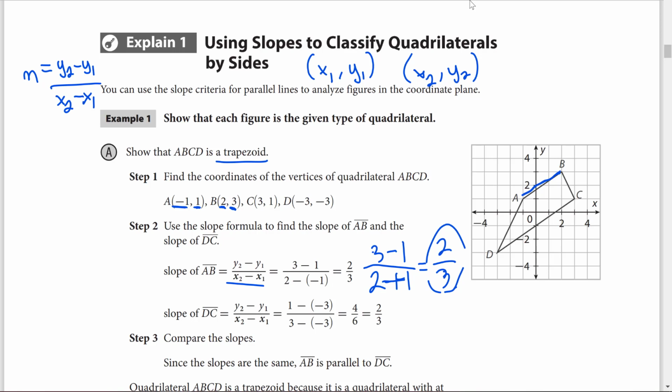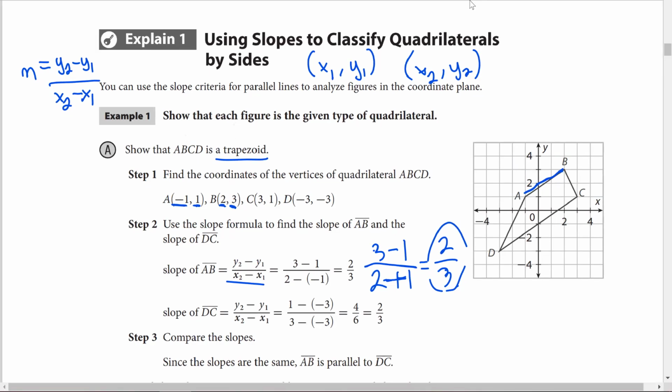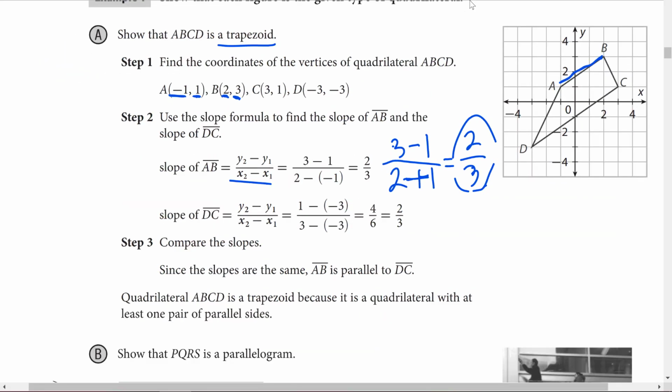Now they have us look at the line DC. Let's take a look. So we're going to do the exact same thing.